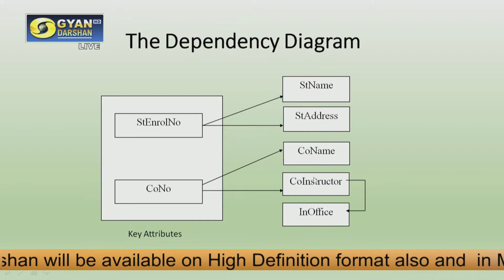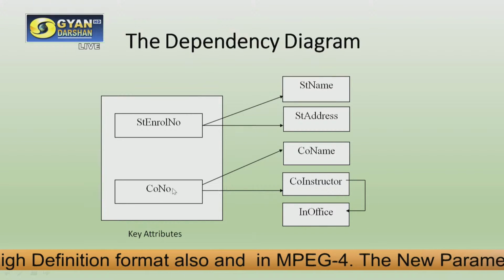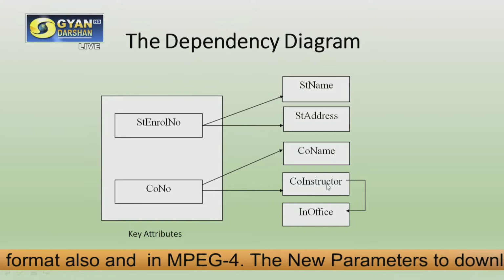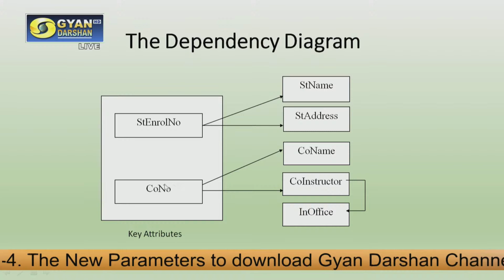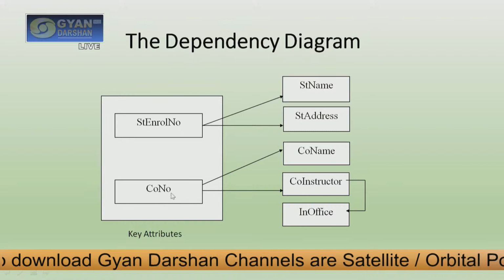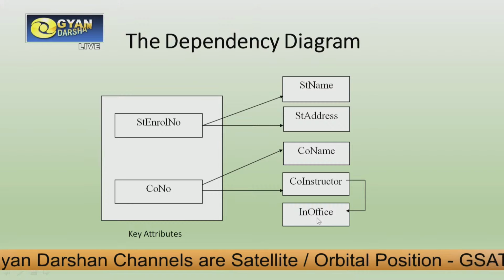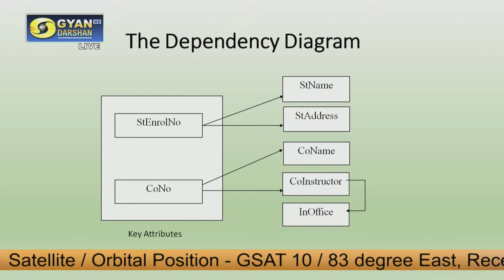So what should we do? As far as this dependency is concerned, it is course number to course instructor and course instructor to course in office. So there is a dependency called transitive dependency from course number to in office. So we have these kinds of dependencies.